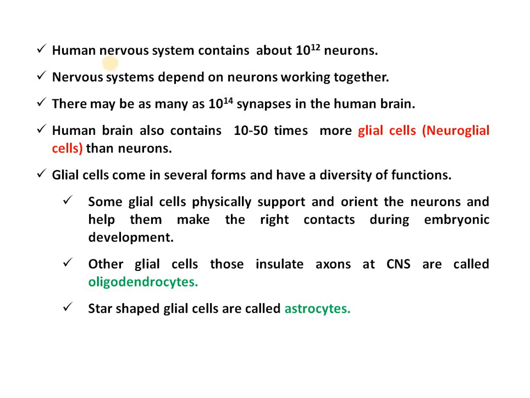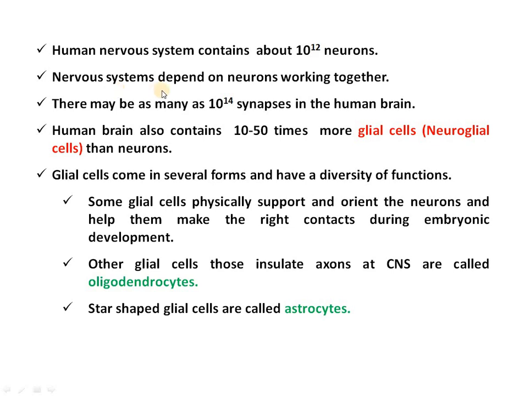Because the neurons form the structure of the nervous system, and the activity of the nervous system depends upon the activity of the individual neurons and their interconnections, they are called the structural and functional component of the nervous system.